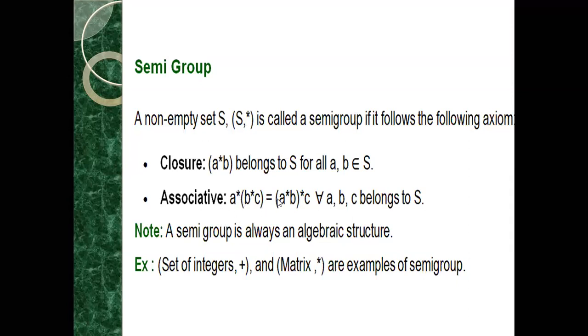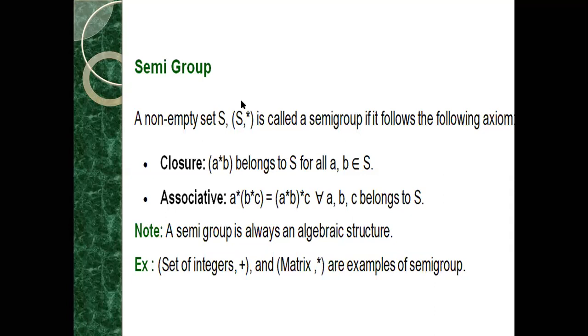A star B, star C is equal to A star B star C, where star is the given binary operation, addition or multiplication, for all A, B, C belonging to S. If three elements A, B, C in the non-empty set S satisfy this condition, then we say that the given set S is closed with associativity.